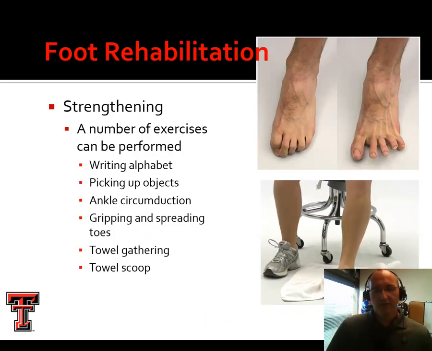Strengthening, it's real tempting to talk about ankle rehab here, but with foot rehab we're talking mostly about toe activity. So having them write the alphabet in a whirlpool, picking up objects like marbles or jacks or towel scrunches, those kinds of things can be helpful in developing the intrinsics of the feet. Manual resistance exercises can also be helpful.